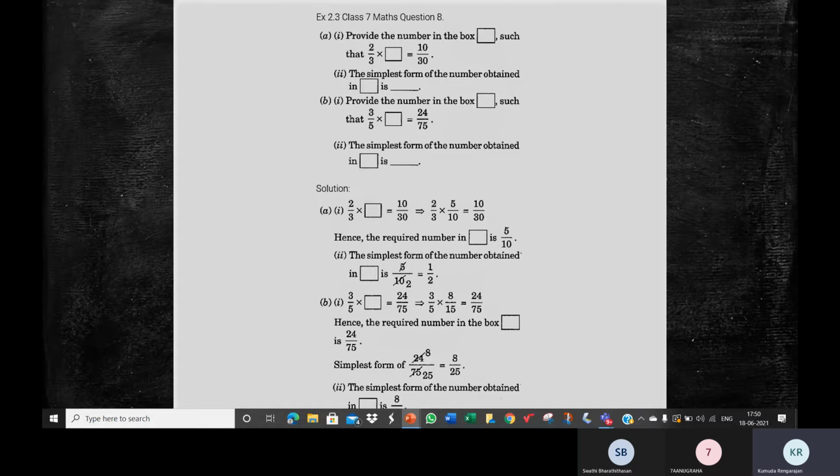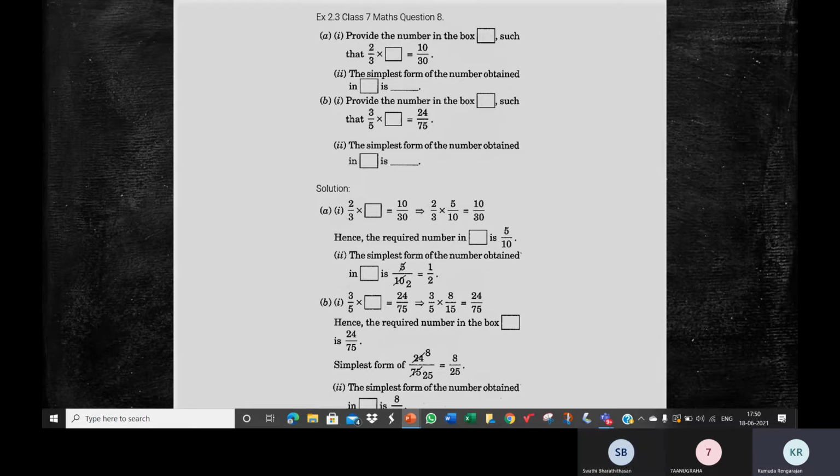This is different. Now you want 4 to become 28, so you will multiply by 7. Similarly, you want this 2 by 3 to become 10 by 30. So how will the numerator 2 become 10? You should multiply by 5. And how will the denominator 3 become 30? You should multiply by 10. So the fraction is 5 by 10.